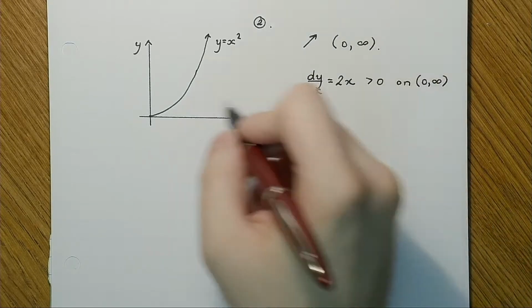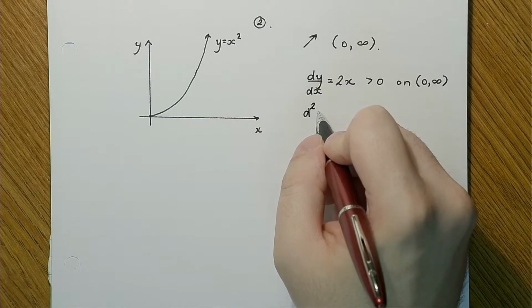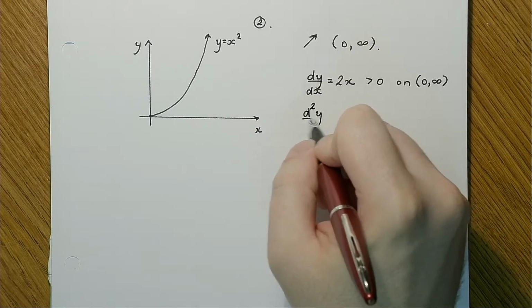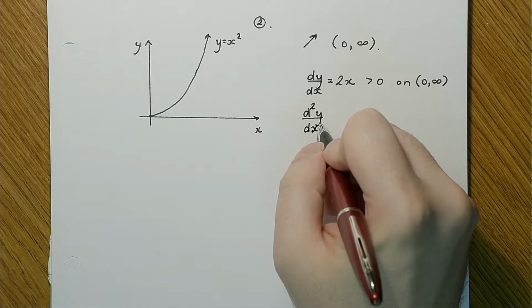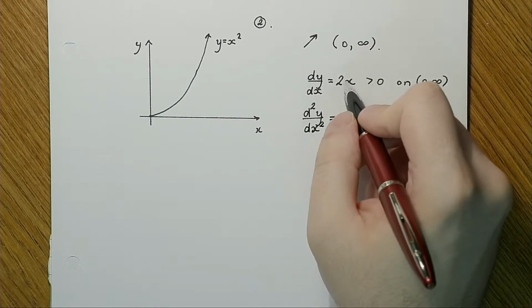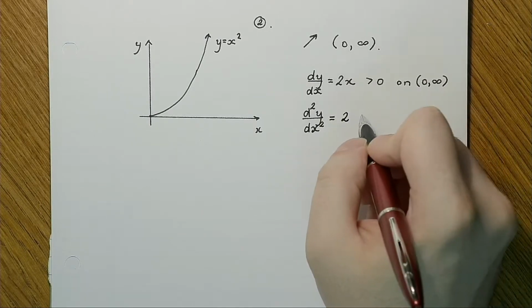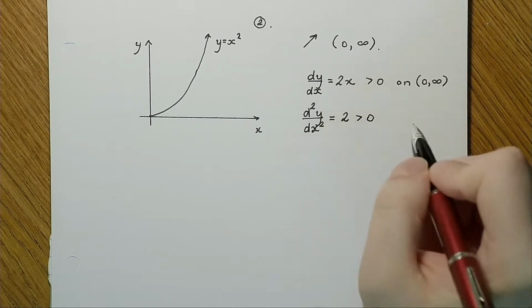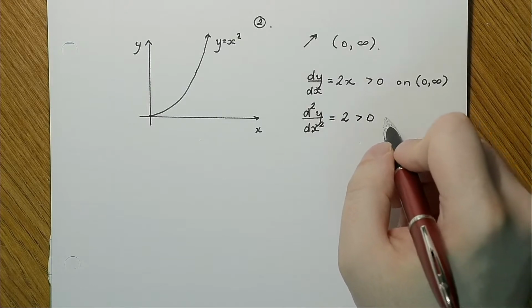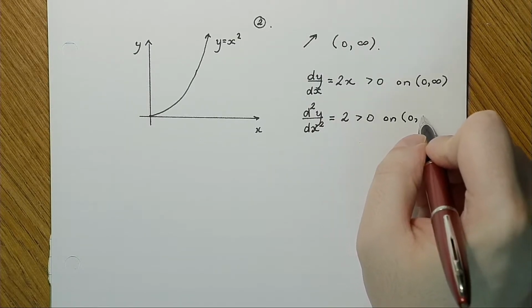And then we'll look at the second derivative. So d squared y by dx squared. And this is nice because the derivative of 2x is just 2. And that is always positive because 2 is always greater than 0 on that interval from 0 to infinity.